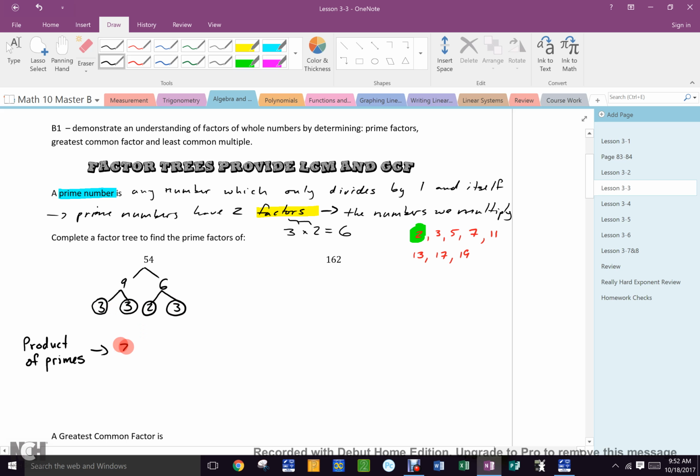So this is 2 times 3 times 3 times 3. Yes? 2 times 3 is 6. 6 times 3 is 18. 18 times 3 is 54. Is everyone cool with that? But this is late. This is what we've really done. But math guys are lazy, aren't they? So what would a math guy write instead of that?